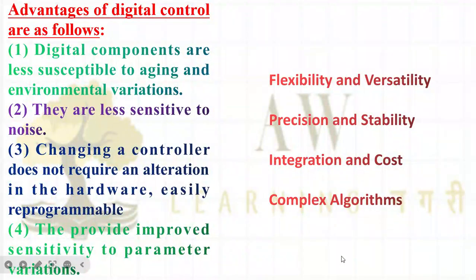Then complex algorithms: sometimes using a simple PI controller we cannot control our system, we are just taking the feedback and all. So sometimes we need a luxury like a lookup table and complex algorithm implementation. That we get in the digital controller. That is why the digital controller is very popular.